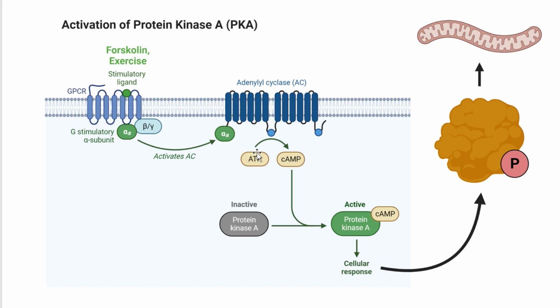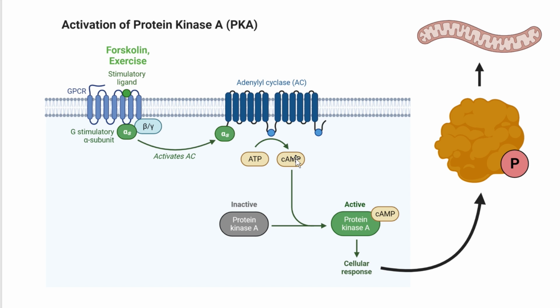Now, adenylyl cyclase will take ATP molecules, which is the same ATP that we discussed earlier, the cellular energy, and will convert those to cyclic AMP molecules. You don't need to know the names, just know that it changes to something else, from ATP, adenosine triphosphate, to cyclic AMP.